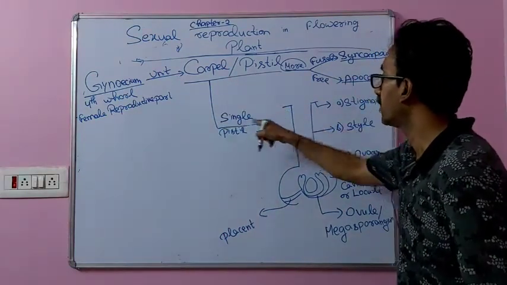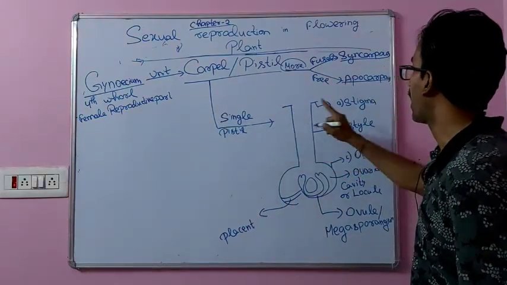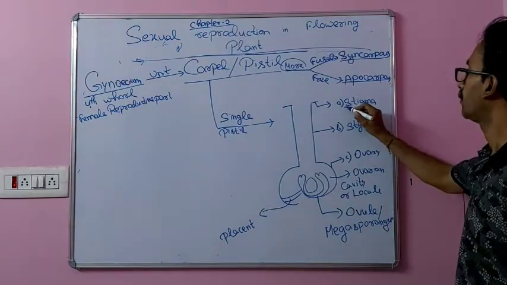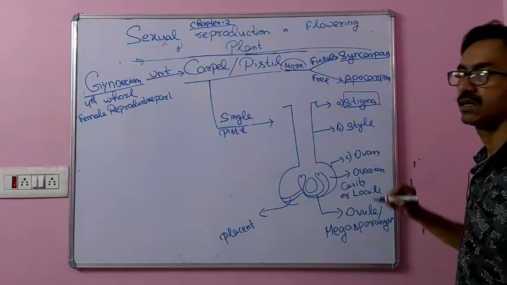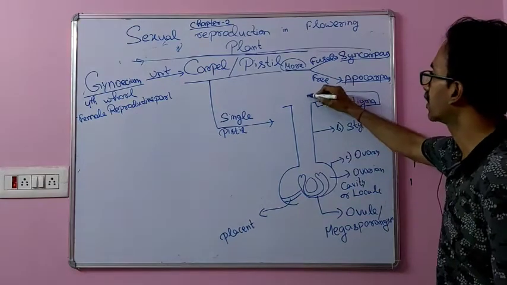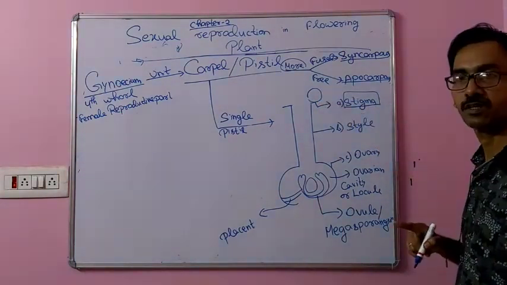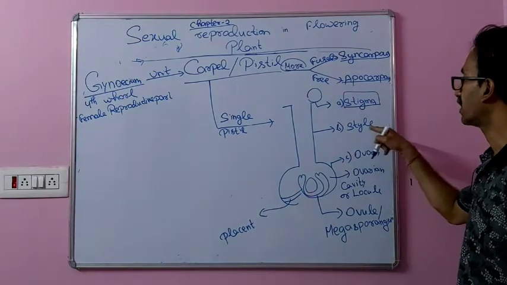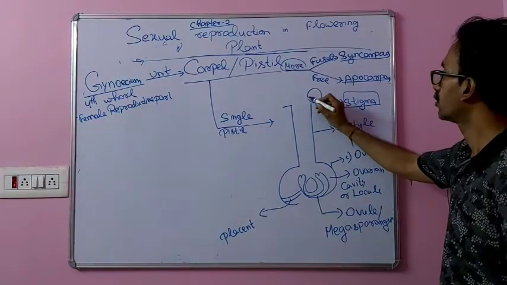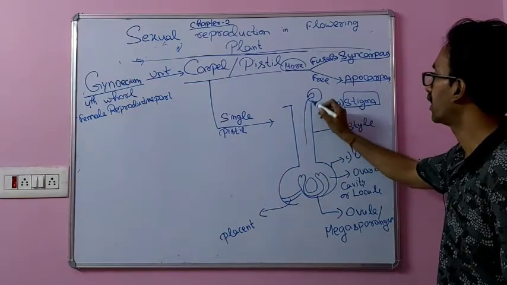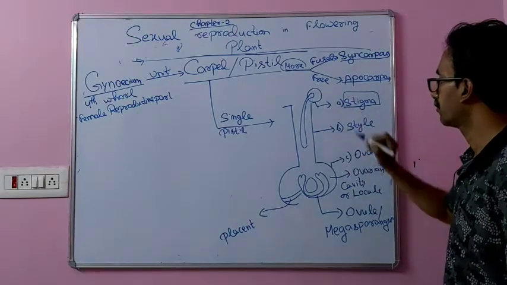In a single pistil, its different parts are: first, the stigma, onto which the pollen grain lands, a platform for the pollen grain. The second part is the style, through which the pollen tube extends.